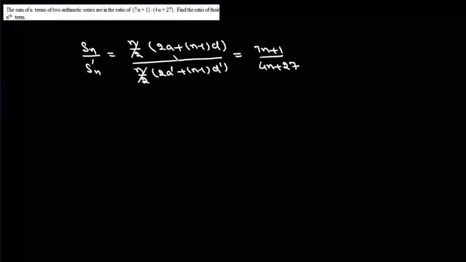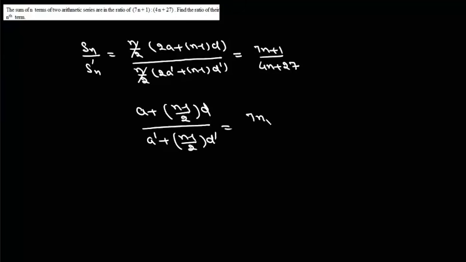Now what we'll also do is, on the left hand side we'll divide everything by 2. So we can write (a plus (n minus 1) by 2 into d) upon (a dash plus (n minus 1) by 2 into d dash) is equal to (7n plus 1) upon (4n plus 27).